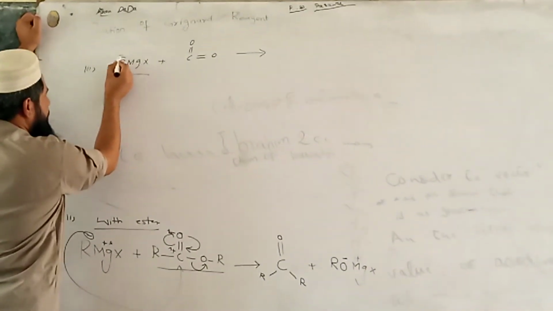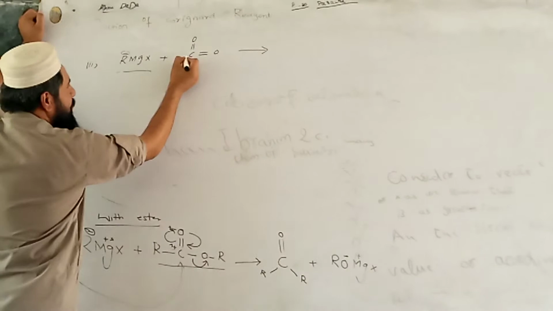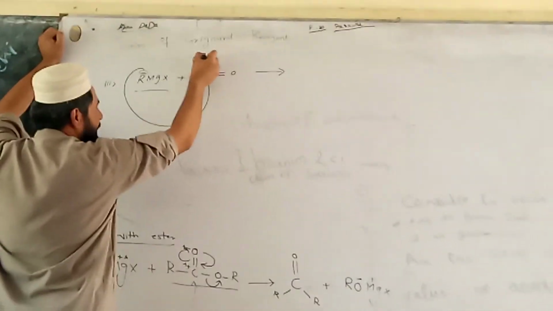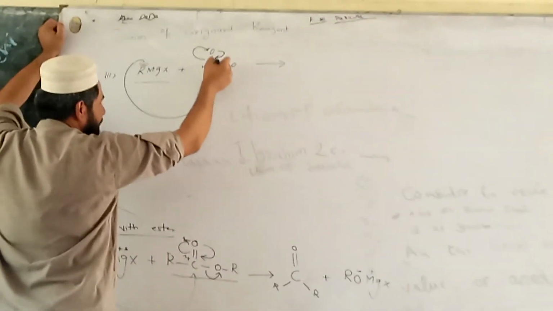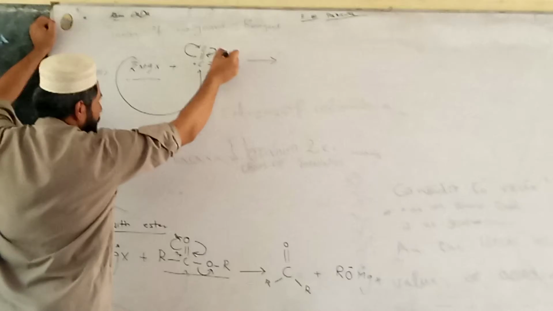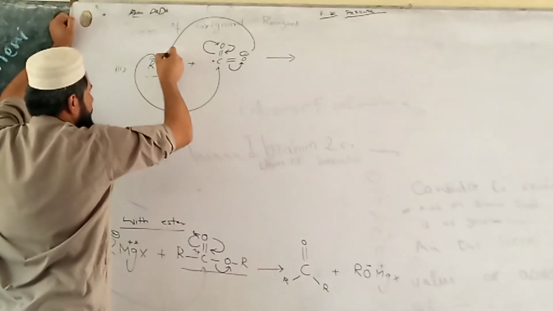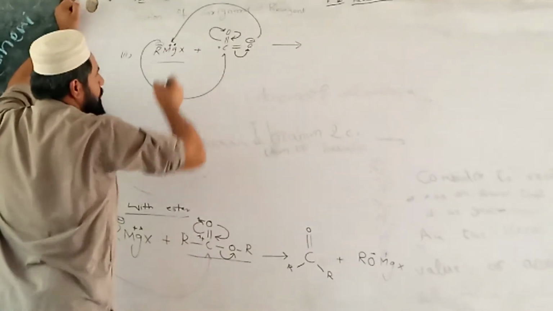This is R. This is negative. You know this is positive. When it attacks here, this bond shifts there. It again shifts here and this bond moves. This becomes negative and this negative attacks this positive. Magnesium is always positive.